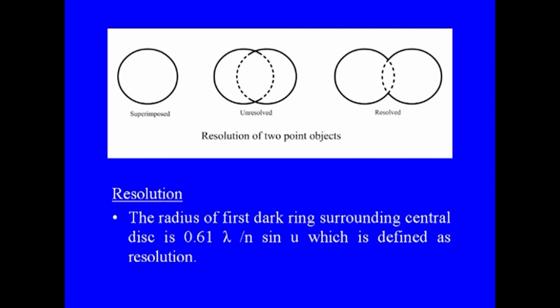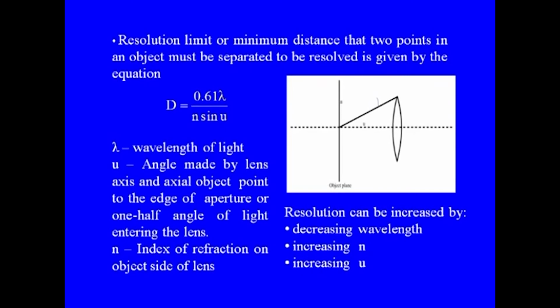We can see it in detail here: the resolution limit, or minimum distance that 2 points in an object must be separated to be resolved, is given by d equals 0.61 lambda upon n sin u. Here, the minimum distance d which could be resolved is limited by the wavelength.